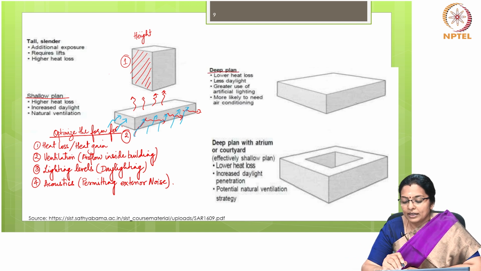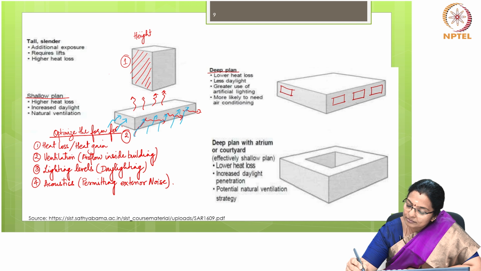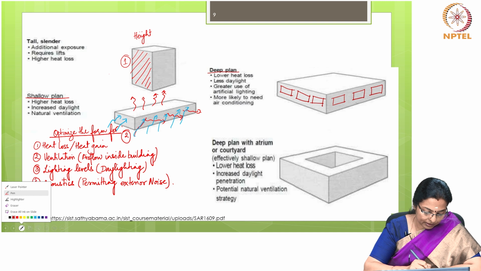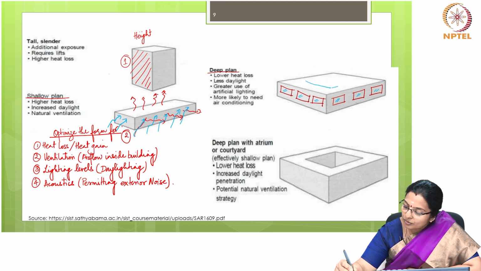In a deep plan, you have lower heat loss, but the daylight is less, because even if you provide windows on all of these sides, daylighting is possible only in this zone.